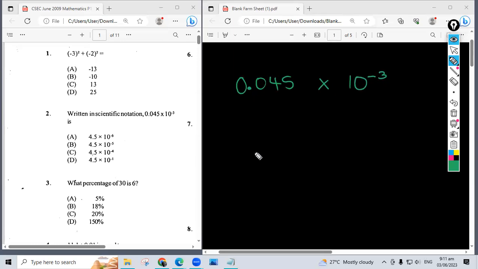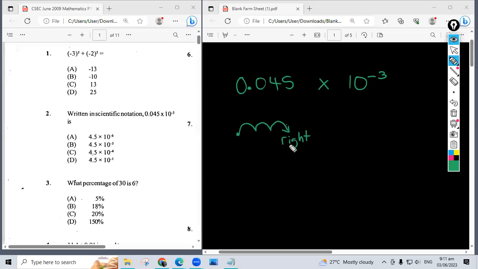Now, in standard form, right, whenever you move the decimal point to the right, does the number over the 10 get more negative or more positive?